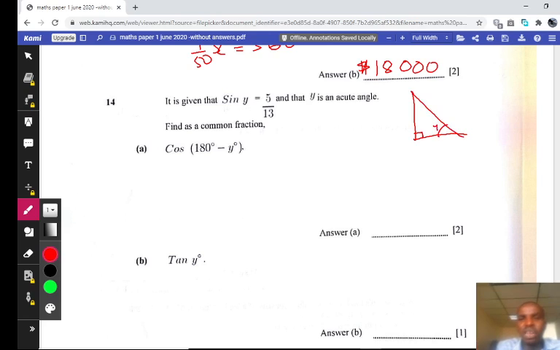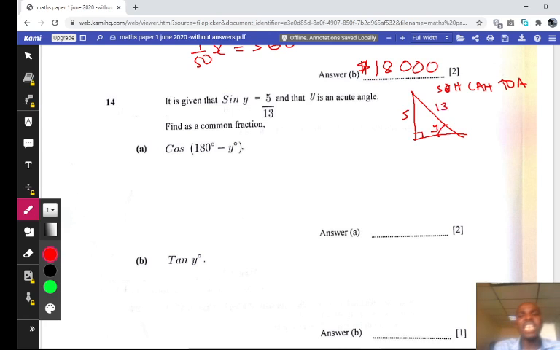Then you put your y as an angle here. Right, sin y using SOHCAHTOA. Sin y, as you can see on SOHCAHTOA, is opposite over hypotenuse. So opposite here will be 5 over hypotenuse, which is 13.